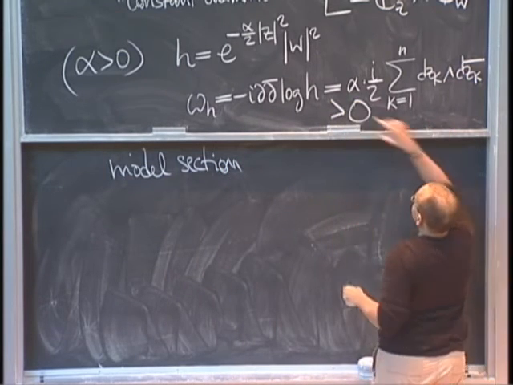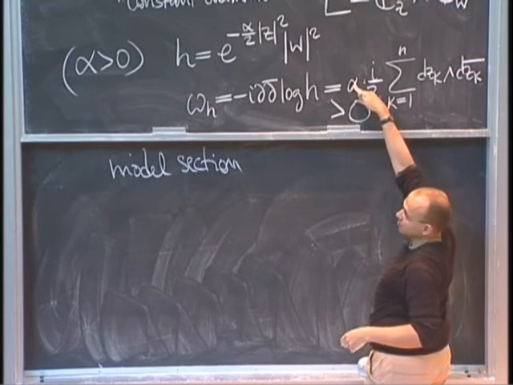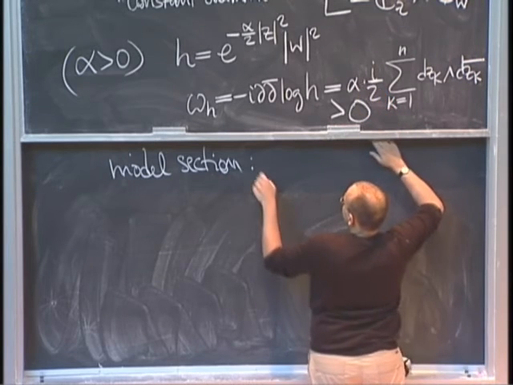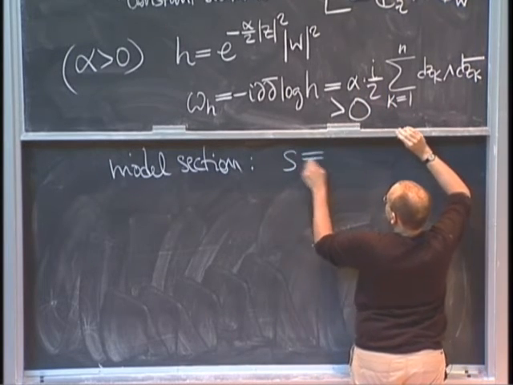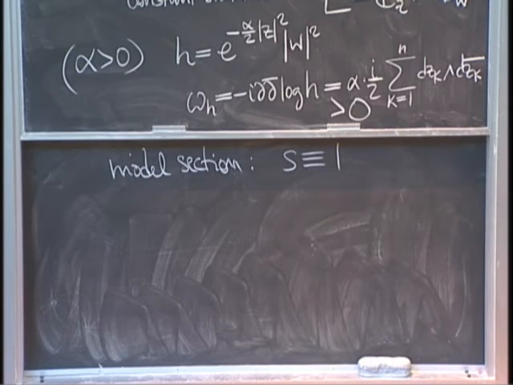This is positive, and you can tune the parameter to make it more positive if you like. So the model section is just s constant equal to 1. And now the question is, what does this thing look like geometrically?